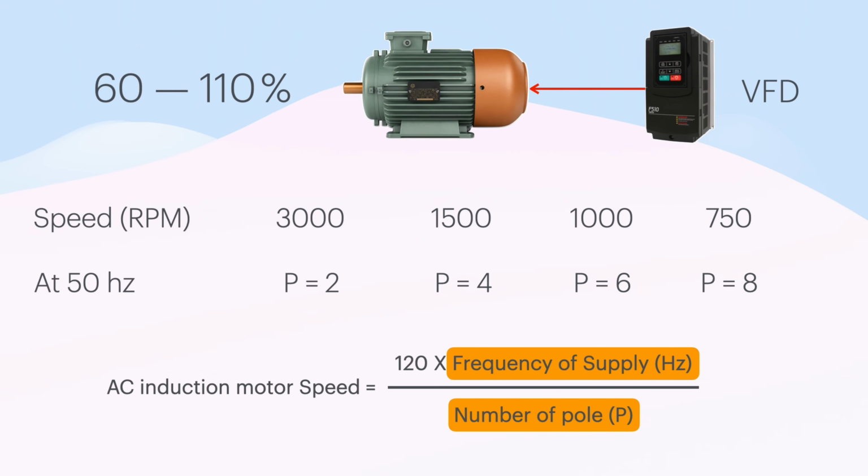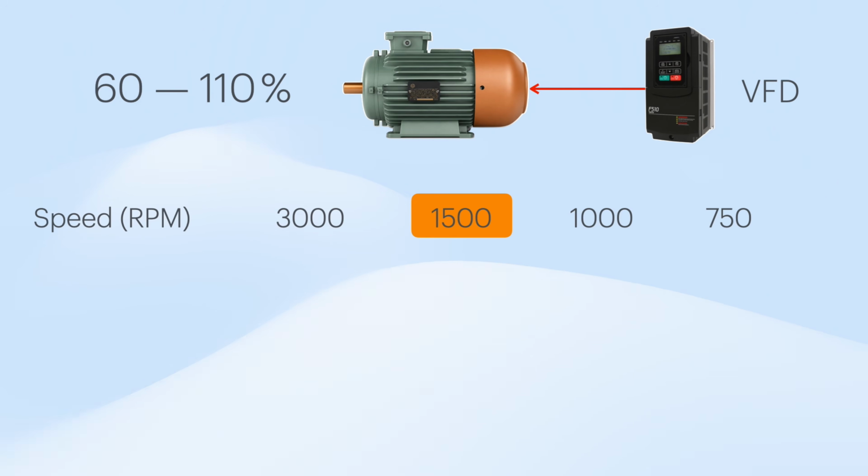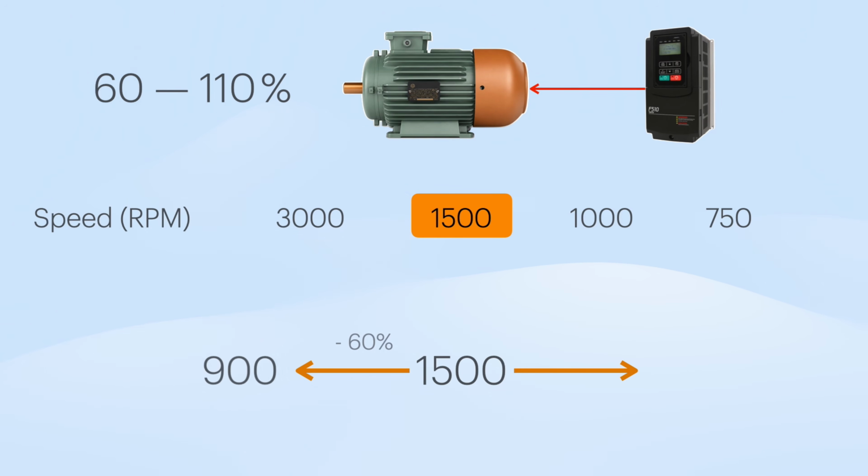For example, if the motor nominal speed is 1500 rpm, speed can be adjusted between 900 rpm and 1650 rpm. Beyond this, many trade-offs start, and it's not suitable for long-time operation. It starts reducing the motor life.